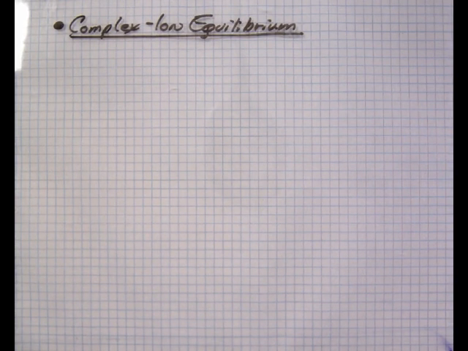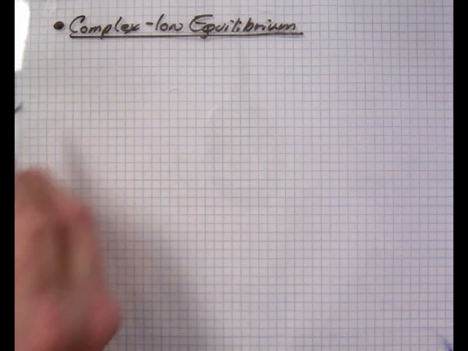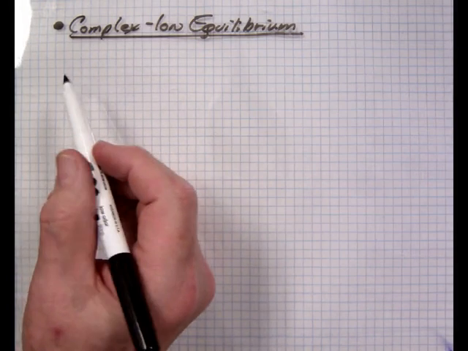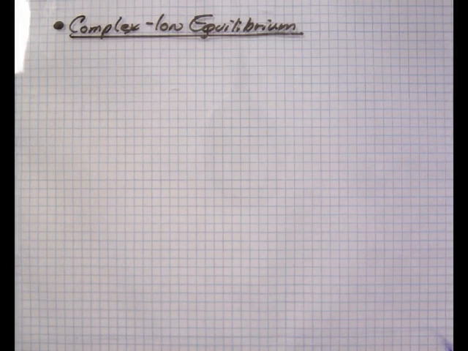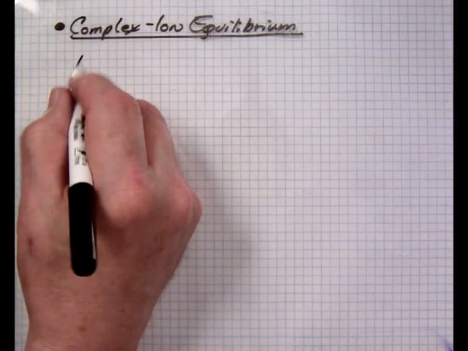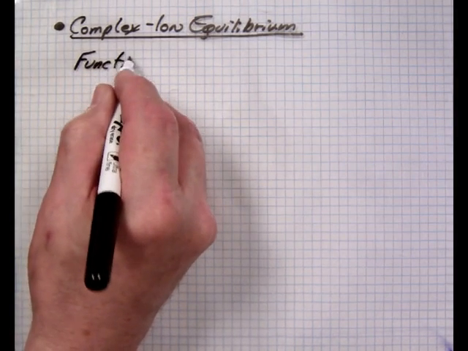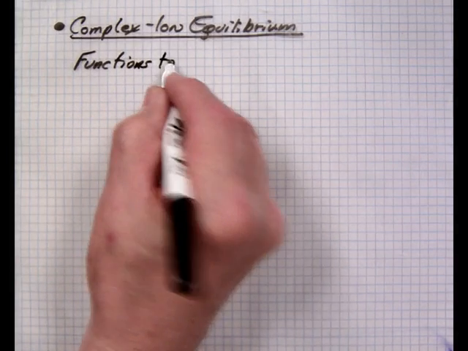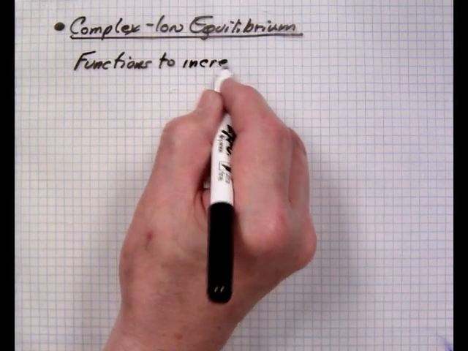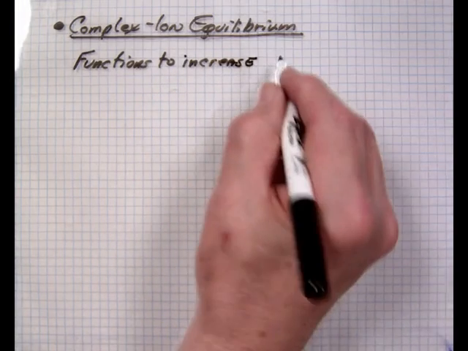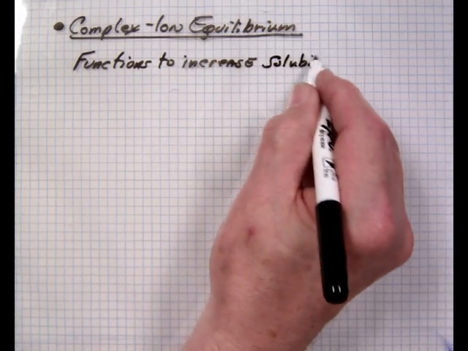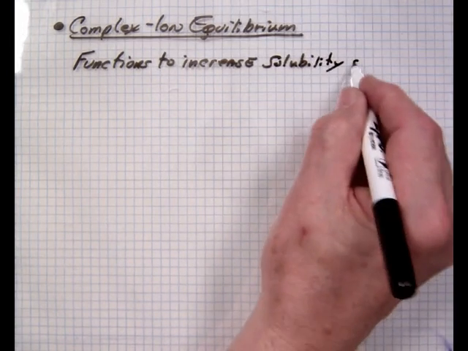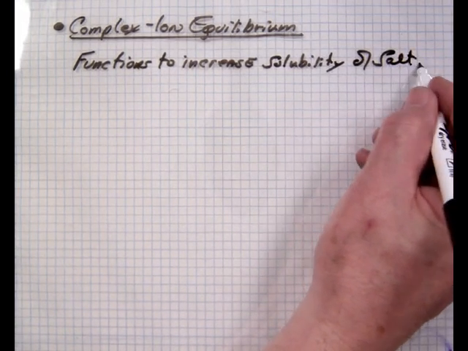Now we want to look at complex ion equilibrium and formation of a chemical complex with a metal ion functions to increase solubility of a salt.